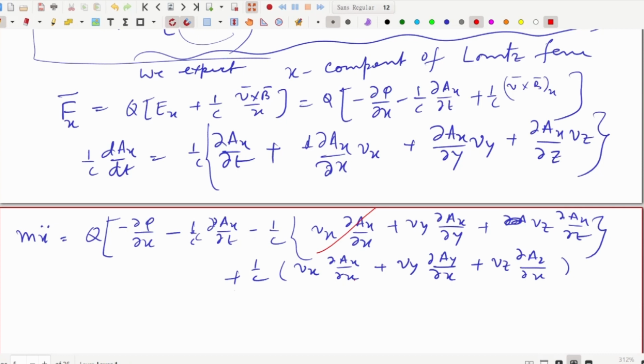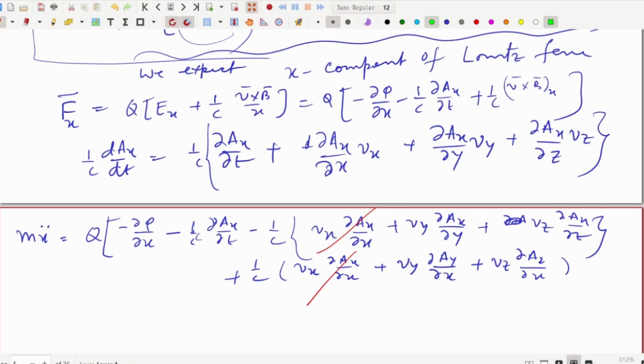So, this will cancel with this. Okay. And then the next cancellation we will see: v y del x del y, v y del x del y. So, it is not cancelling. v z del x del z, v z del z del x. So, this is also not cancelling.